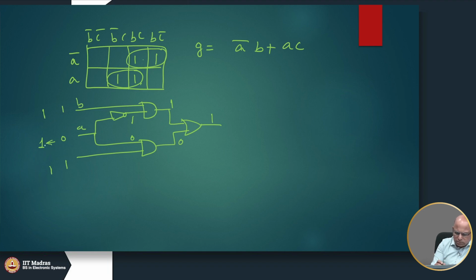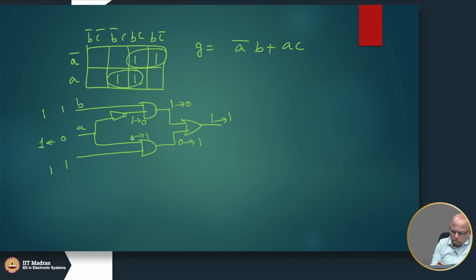When that happens, this should go from 1 to 0, this should go from 0 to 1, right, and this should go from 1 to 0, and this should go from 0 to 1, and the output should remain 1 to 1. Okay.